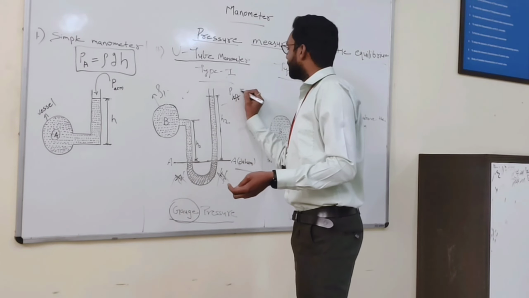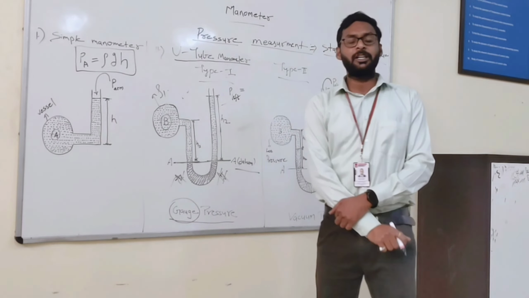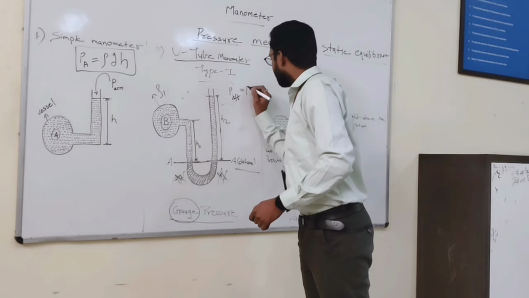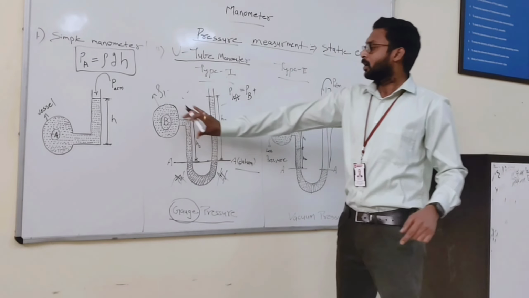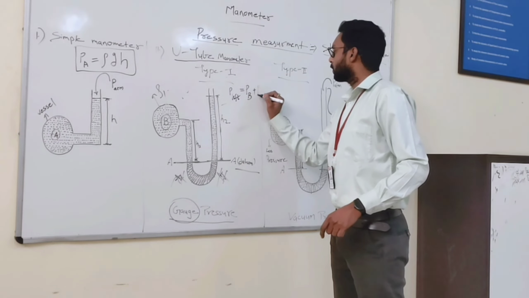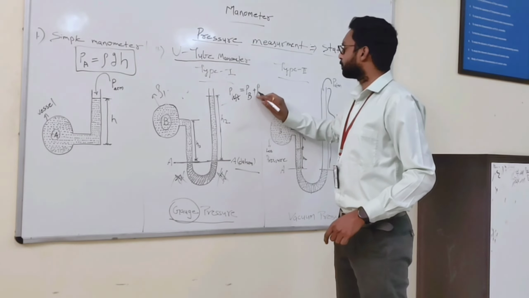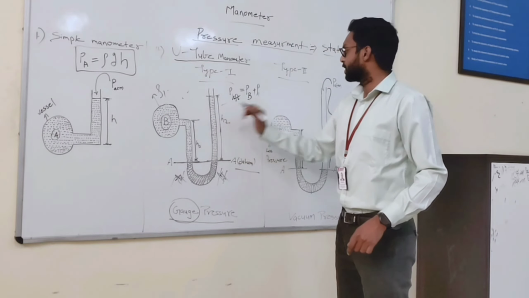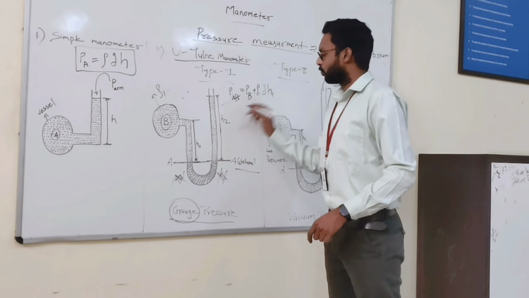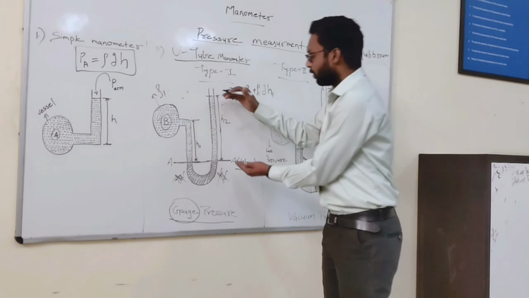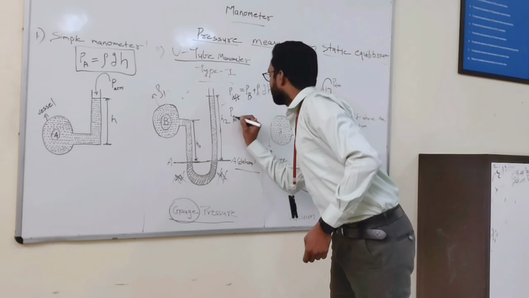So P left equals the first liquid pressure, P_B, plus the density of the liquid, rho 1, the gravitational acceleration g and the height of the liquid H1, that is rho 1 g H1. Again we will write down the right side pressure, so P right.